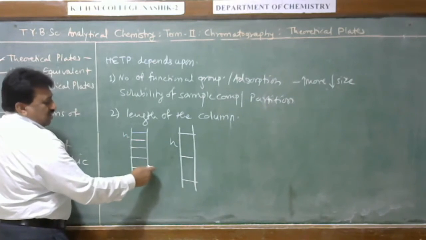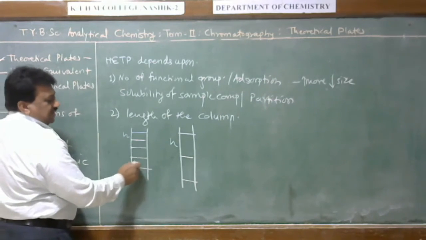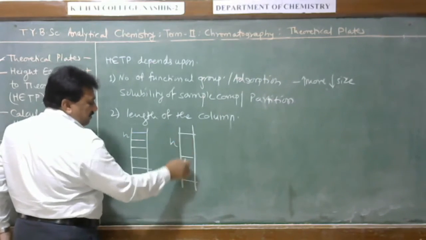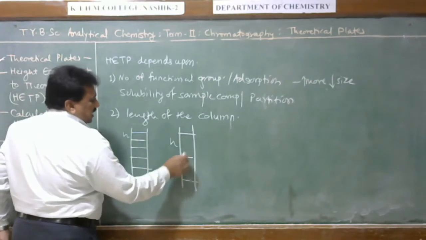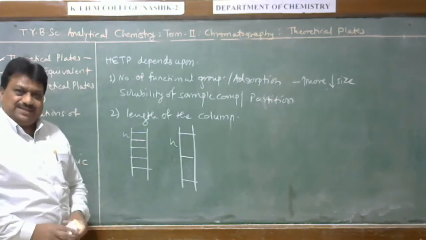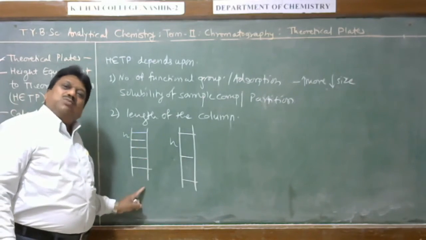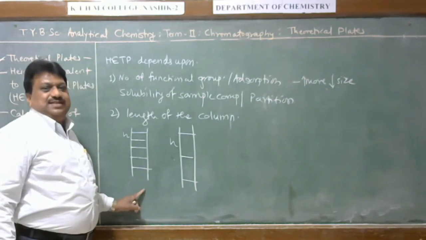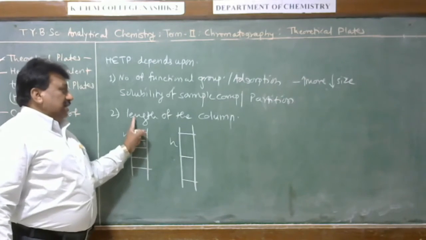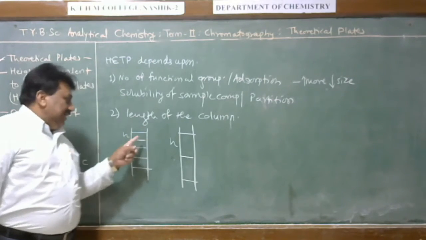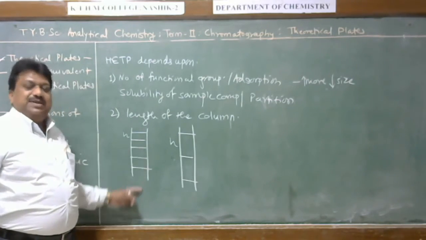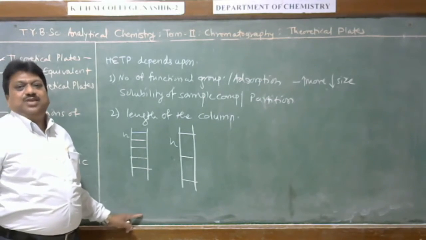For this small length of column there are 4 theoretical plates, and for that same length of this column there are only 2 theoretical plates. Therefore, the smaller the height, the more number of theoretical plates are present in the column, and the number of theoretical plates in that particular column can be increased by increasing the length of the column.